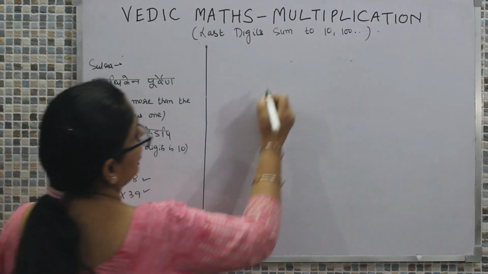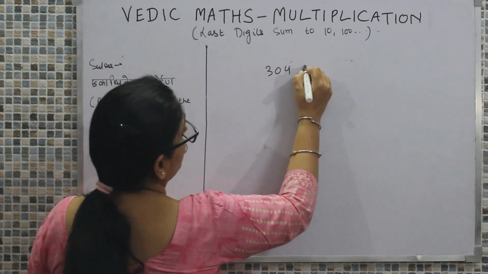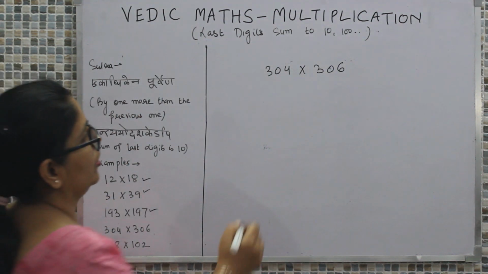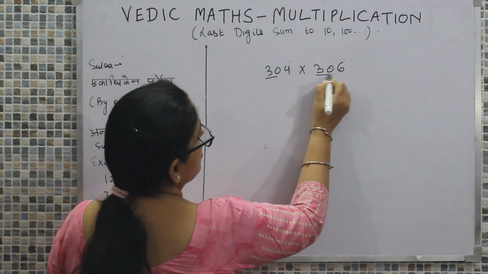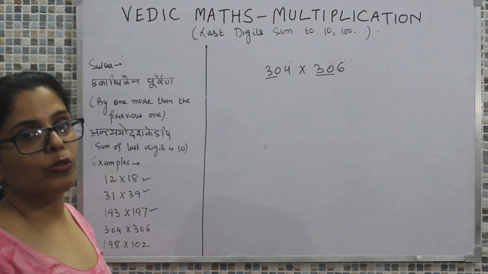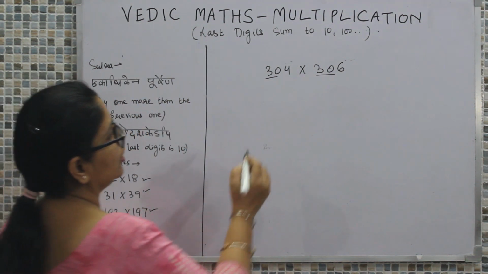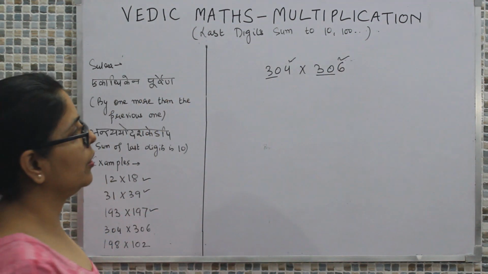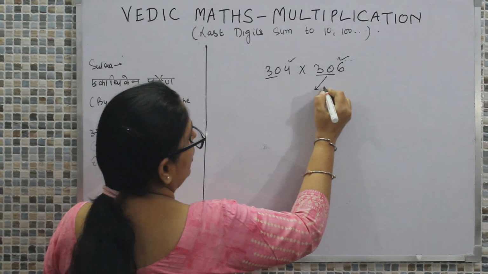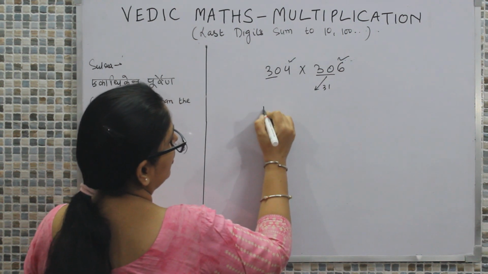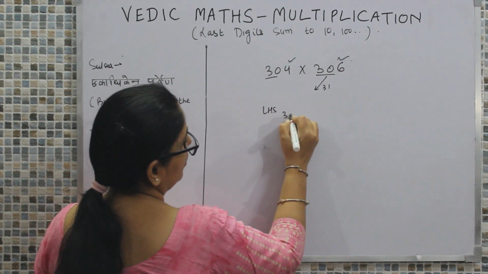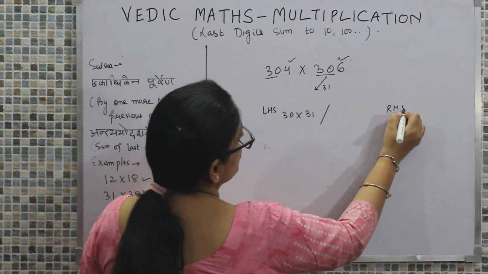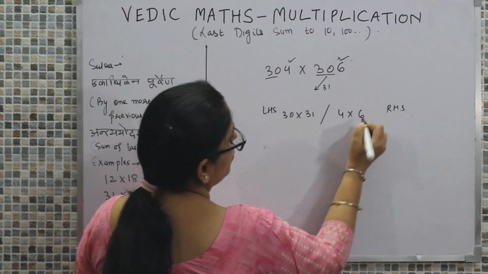So next we take 304 into 306. Both values have the same initial digits for either multiplier. Second case, 6 plus 4 is 10. Ekadhikena, 30 will become 31 and LHS will be 30 into 31 and RHS will be 4 into 6.